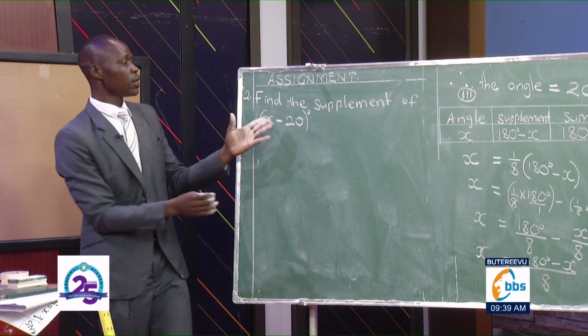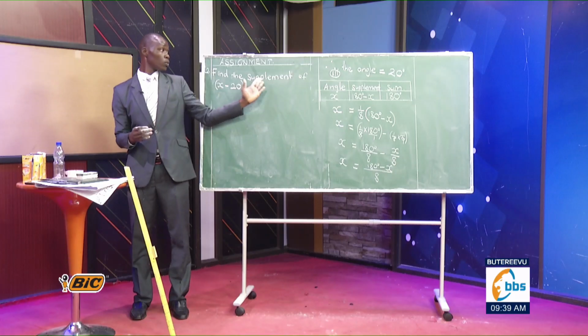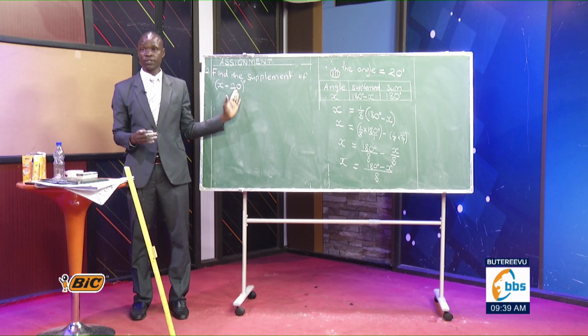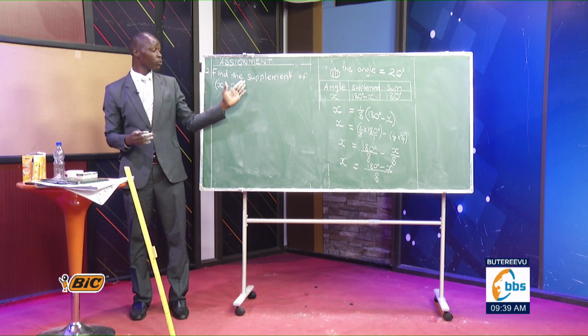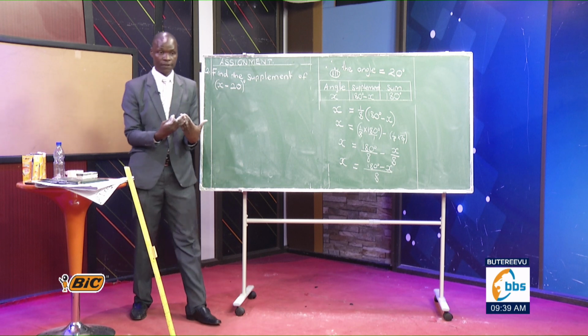All these are degrees. Find the supplement of x minus 20 degrees.